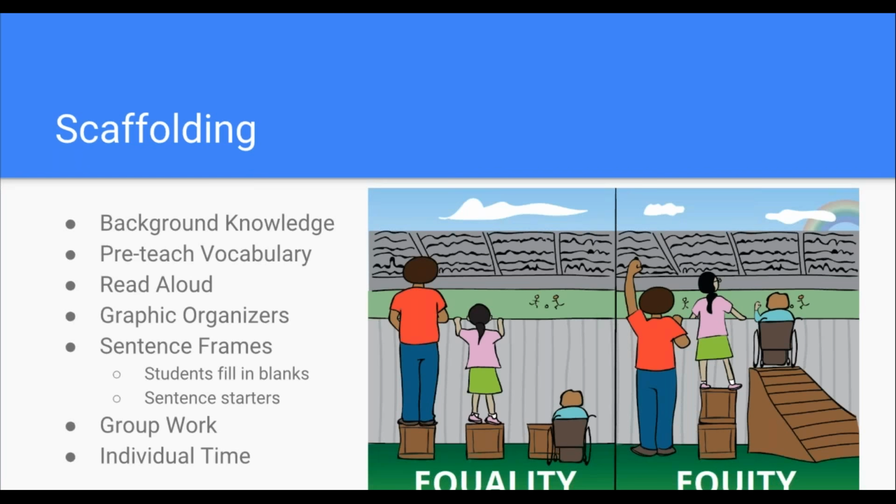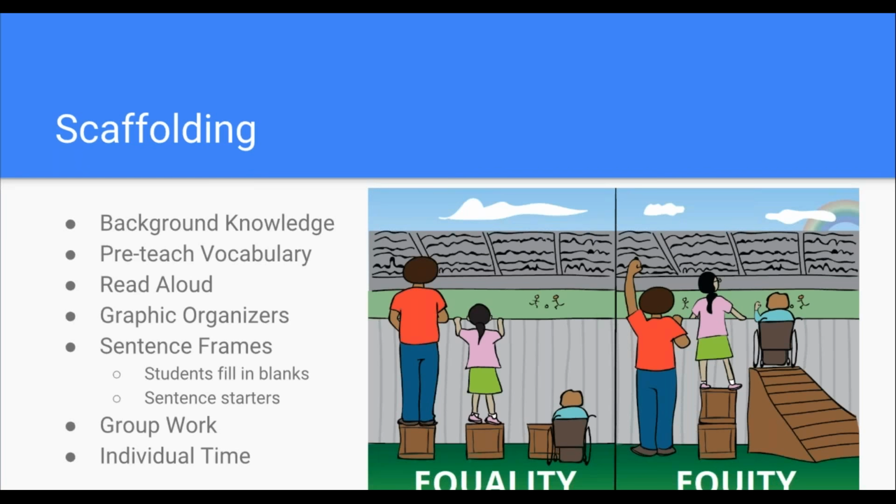You can use like those Frayer model examples or any of the organizers, or simply just writing the word, drawing a picture. But understanding the vocabulary, again, will increase the number of words that they understand from a language point of view, but also from understanding the story or the excerpt that they're reading.